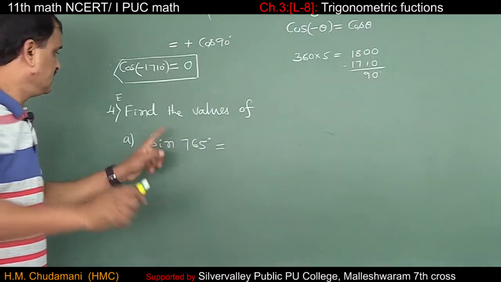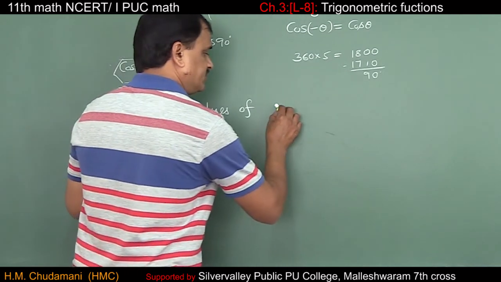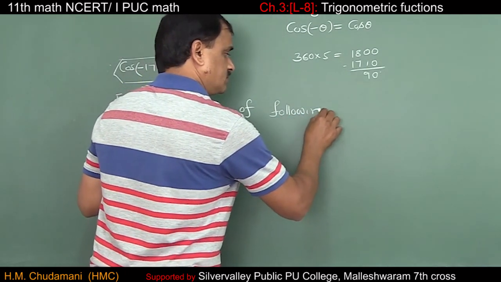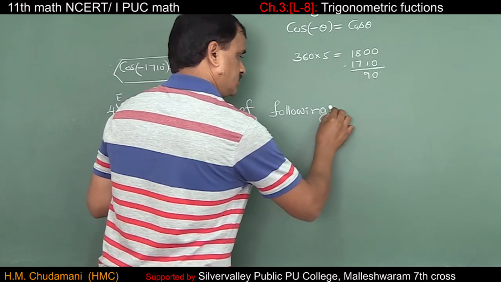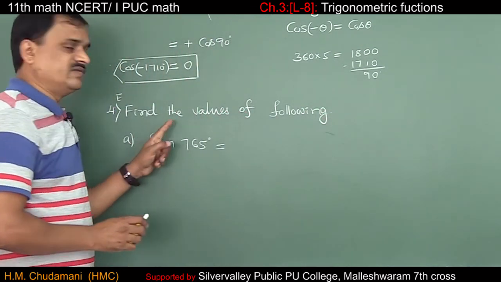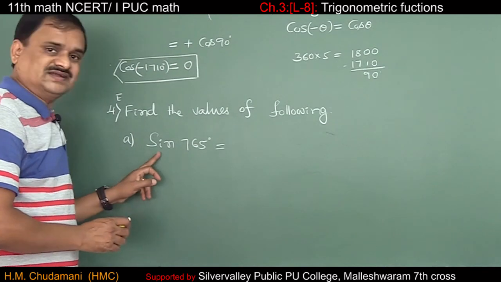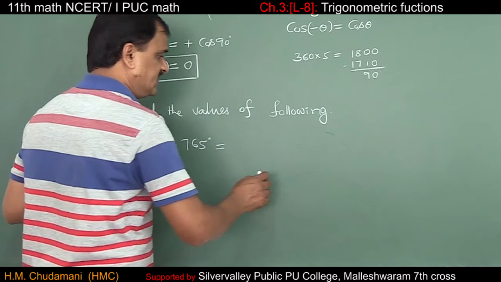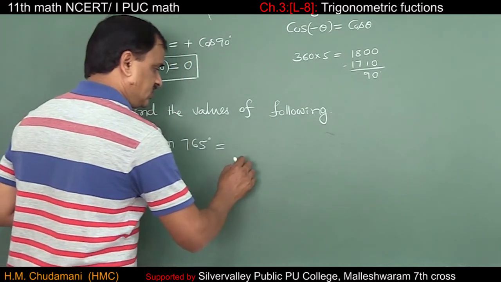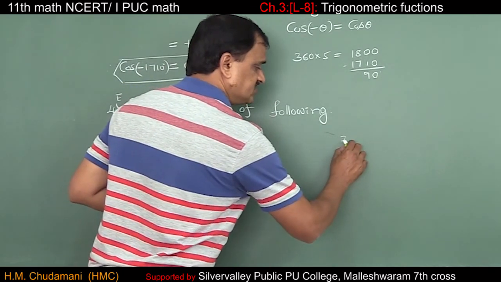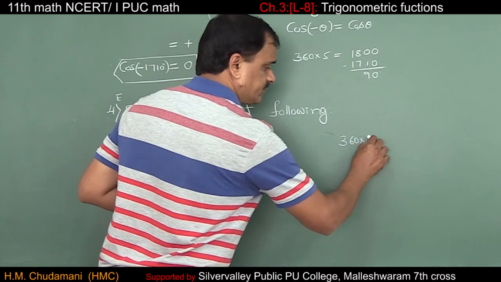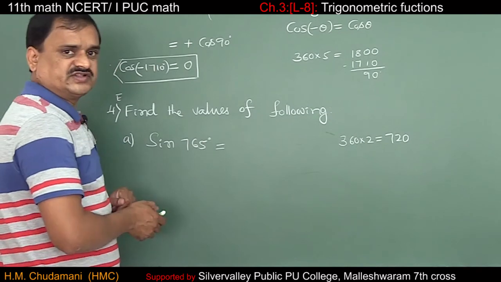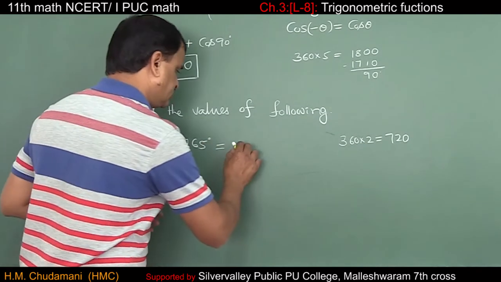Find the values of the following. Sin of 765 degrees. 765 is not a standard angle. 360 into 2 means 720, and we have 765, something more than that.